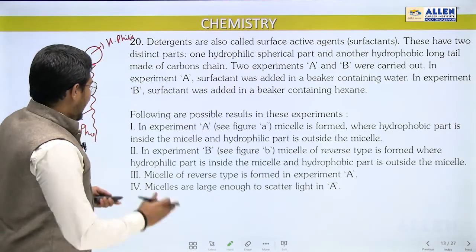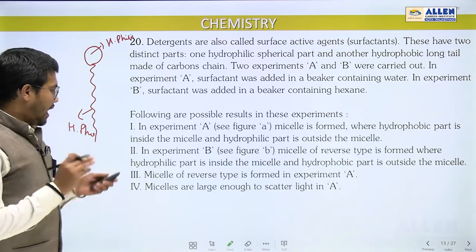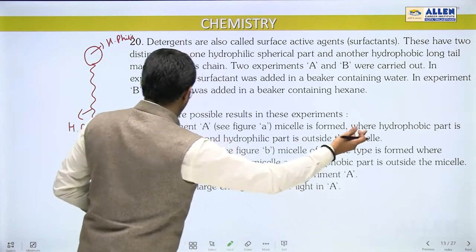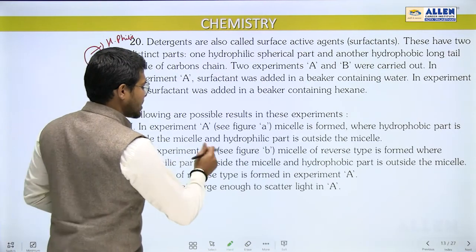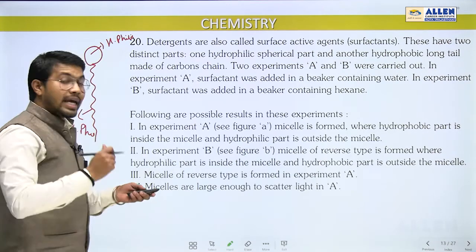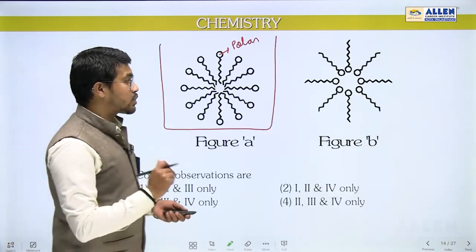Now look at the second option. In experiment B, micelle of reverse type is formed where the hydrophilic part is inside the micelle and the hydrophobic part is outside the micelle. Why is it so?